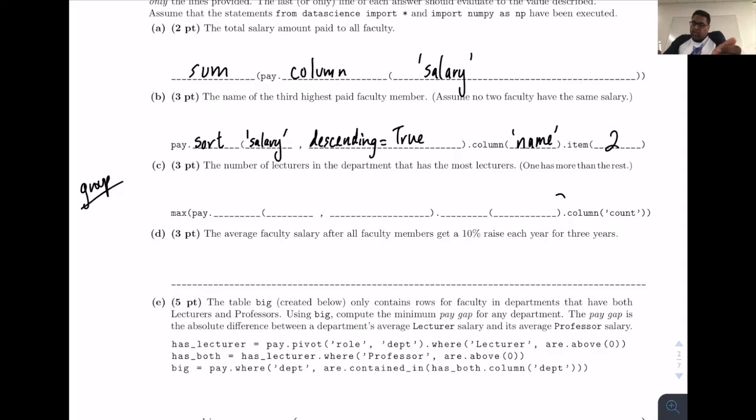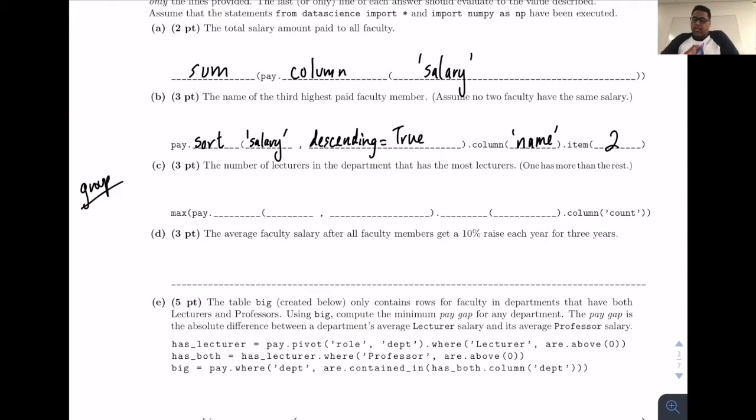So we know that whatever is enclosed in these square brackets must be a table, right? Because to be able to select a column from it, it must be a table. So this can't be an array or another column or something like that. So whatever's in here must be some sort of table. So first we just want the values of pay where they're only lecturers.